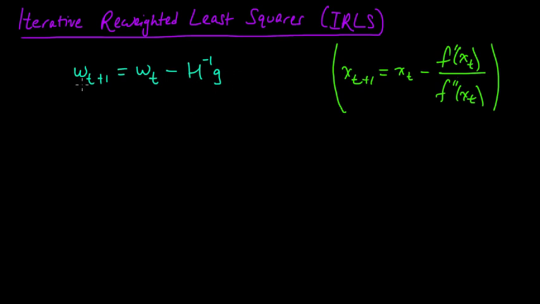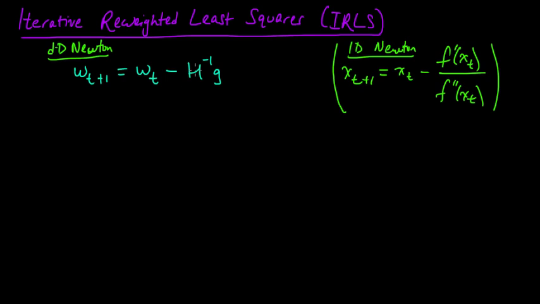So this is easy to remember if you can remember the one-dimensional form of Newton's method, 1D Newton. And this is D-dimensional, because w is in R^D. So let's see what happens now.